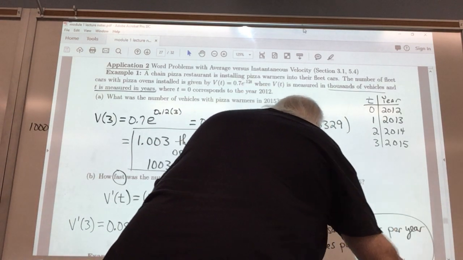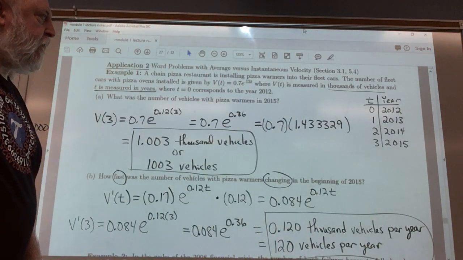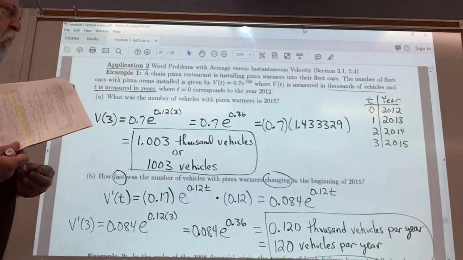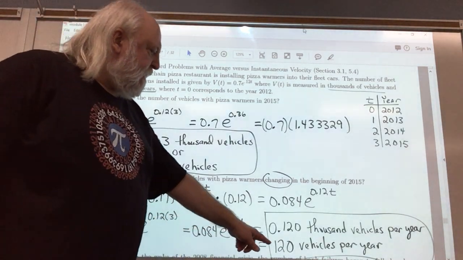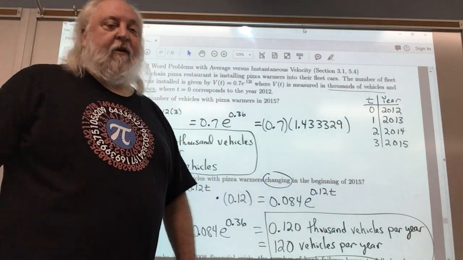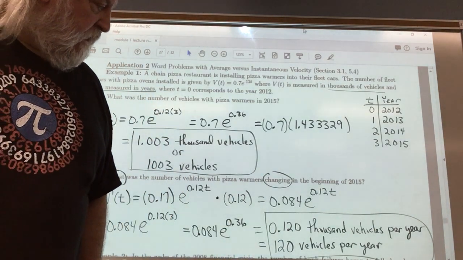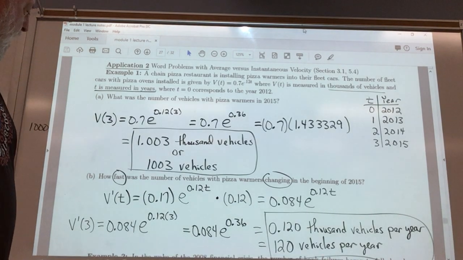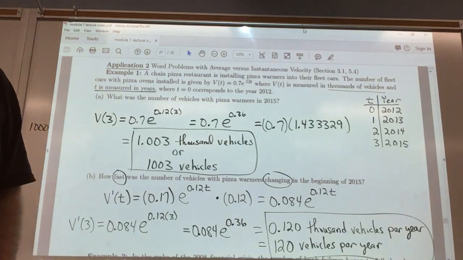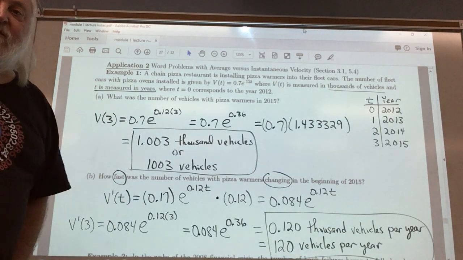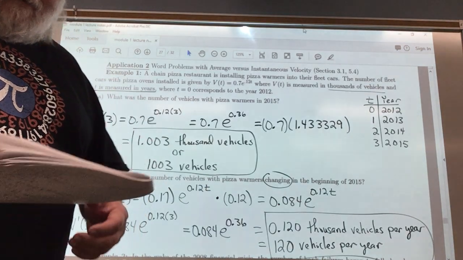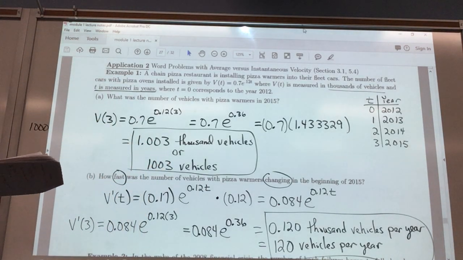So the number of vehicles that were getting pizza warmers at the beginning of 2015 was increasing at the rate of 120 vehicles per year. Okay? So whenever you're asked how fast is something changing, the answer is like a velocity. It's something per something. It's a rate of change.